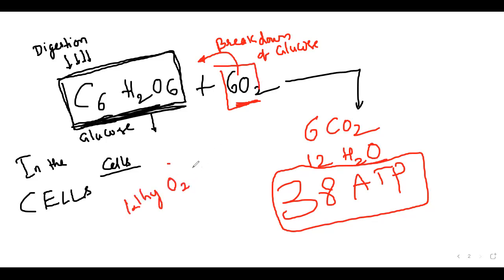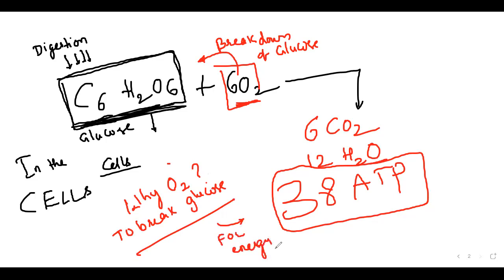What do we do with oxygen? Our answer should be: to break glucose for energy, we require oxygen. Okay, this is the important thing you have to remember. And then oxygen transport. Let us see the oxygen transport.